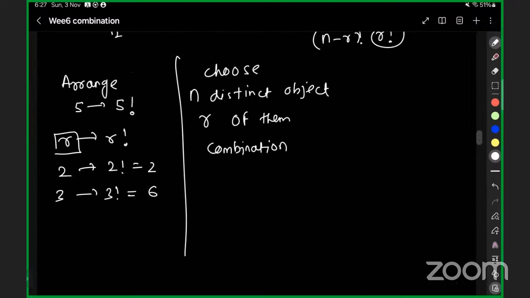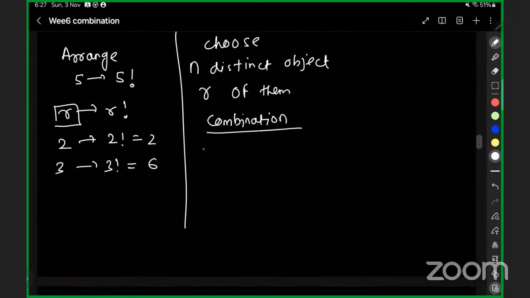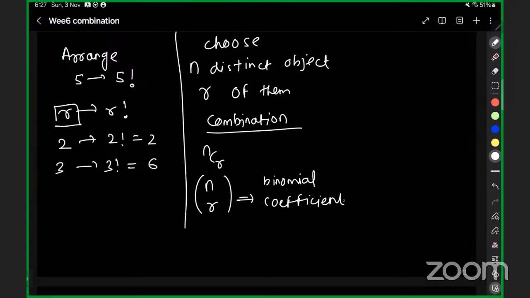So in this way, we actually use combination, and the combination formula is NCR. It's also written like this, with N over R in brackets. If it is written like this, we call it a binomial coefficient. It will come later what a binomial coefficient is.